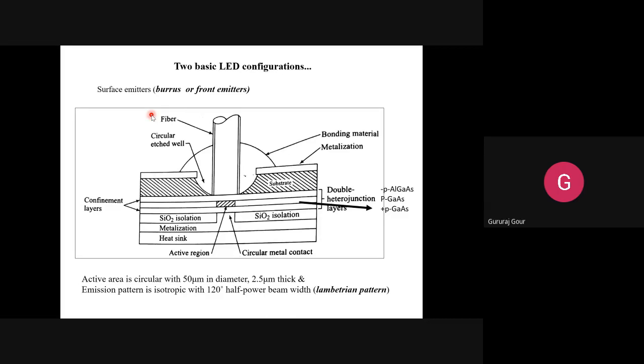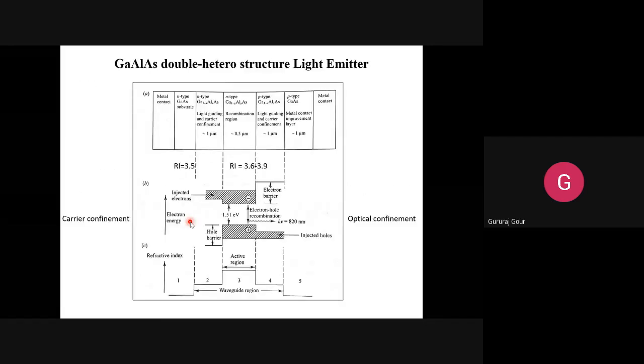Under this, the surface emitter configuration of LED, that is the heterostructure configuration, the diagram will look like this. What you have seen here is the gallium aluminum arsenide double heterostructure of LED.